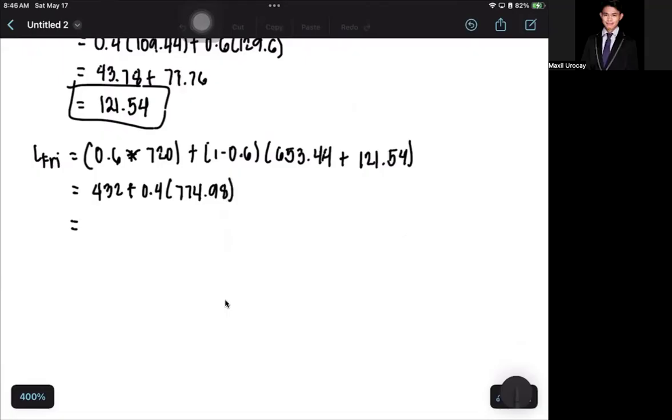And that will become 0.4 times 774.98. It equates to 309.99.